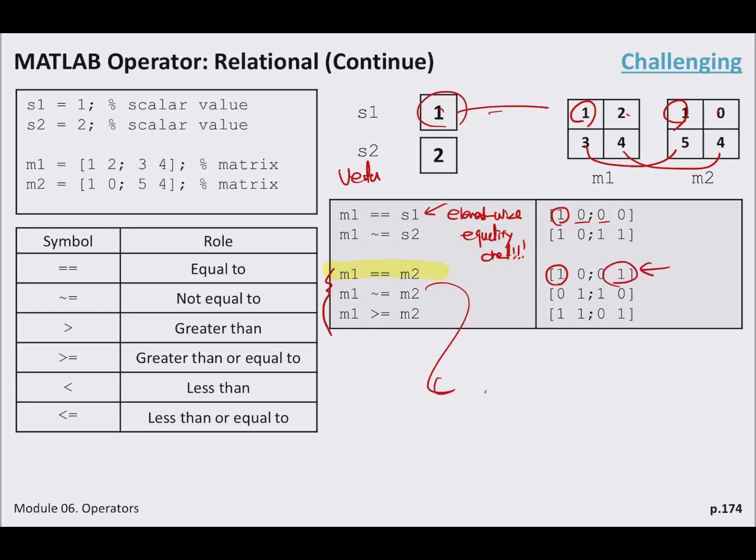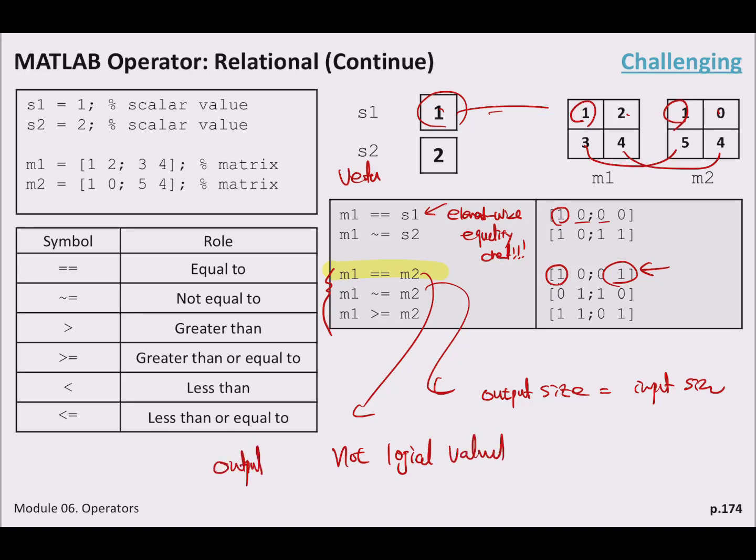Basically, the output size is equal to input size. This is not logical value. Output is not logical value. Okay, does it make sense?